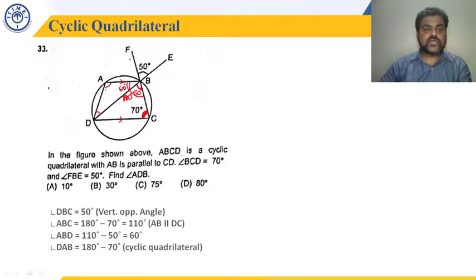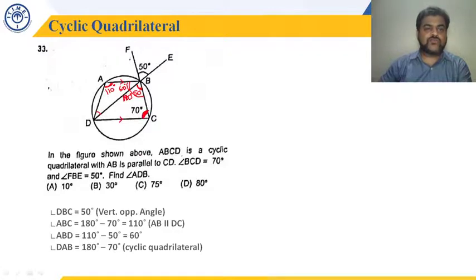If this angle is 70, then here the angle must be 110 again. So this 110 is because of the cyclic quadrilateral: the sum of opposite angles in a cyclic quadrilateral is 180 degrees.